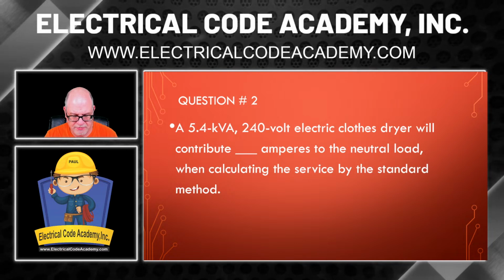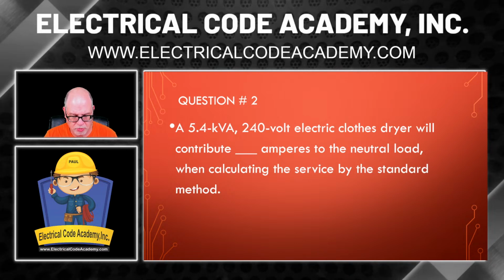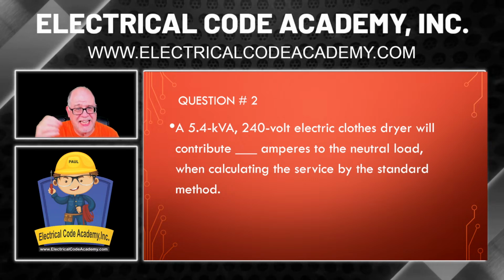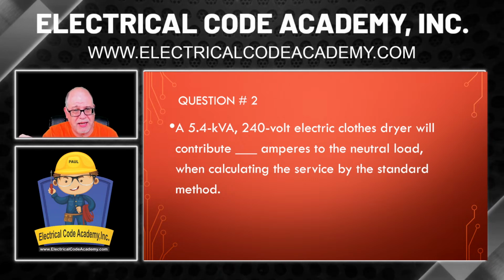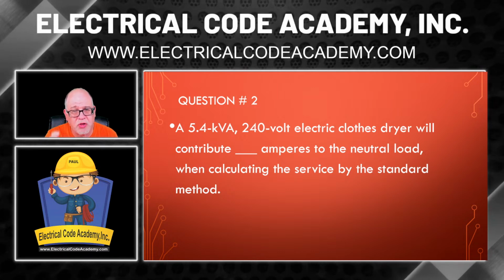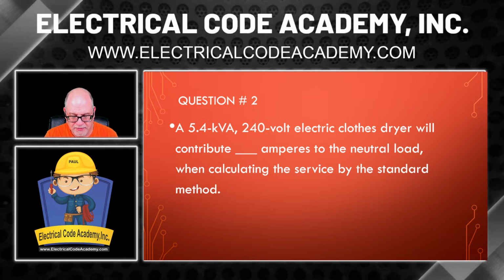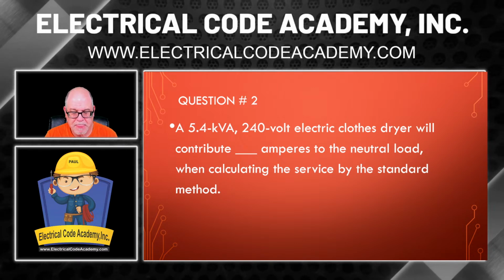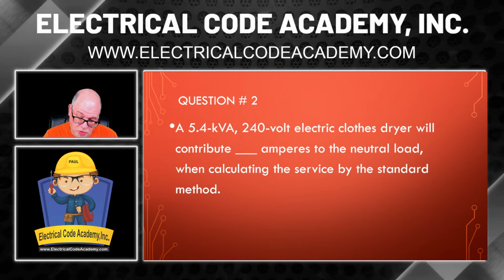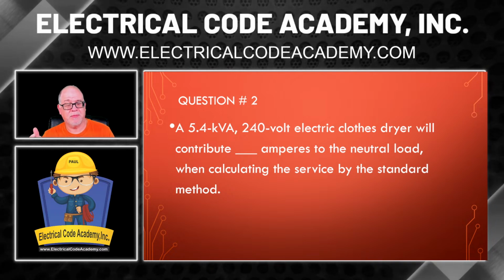Okay, so 5.4 divided by 240. Okay, but you want to get this into VA. You want to get this into watts, okay, or it's going to work out funky for you. So 5,400, okay, and we're going to divide that by 240, and that's 22.5. Okay, 22.5. Well, that's my amps.